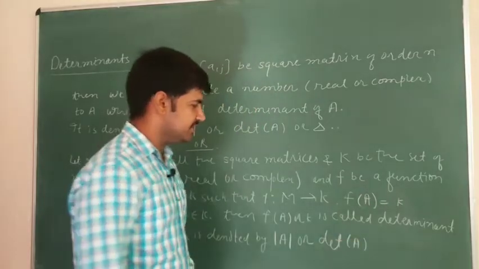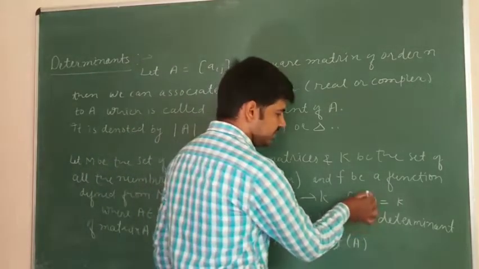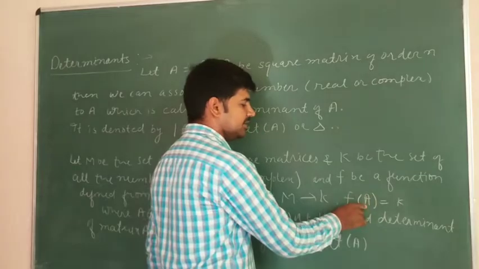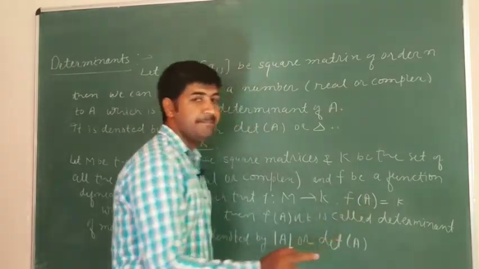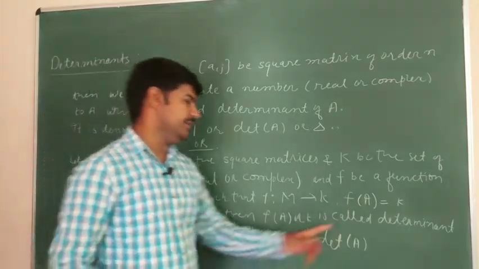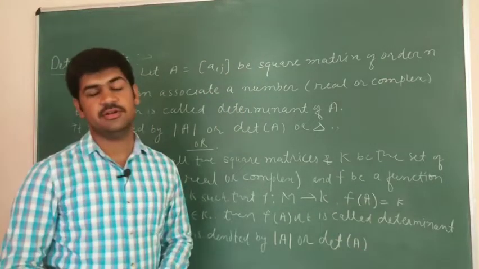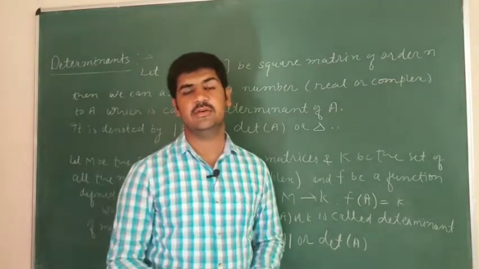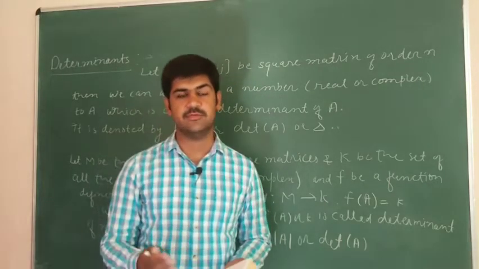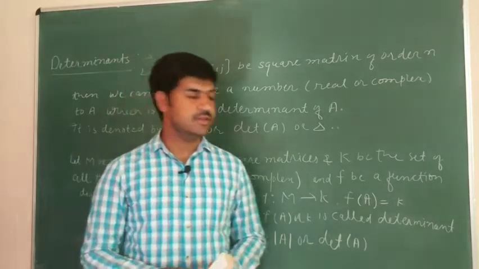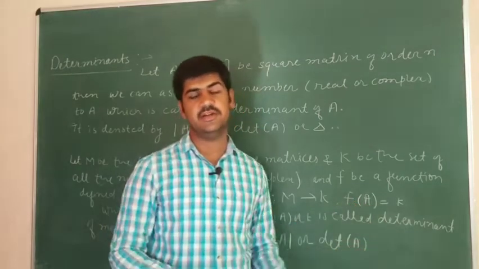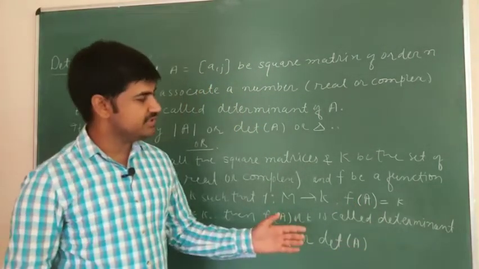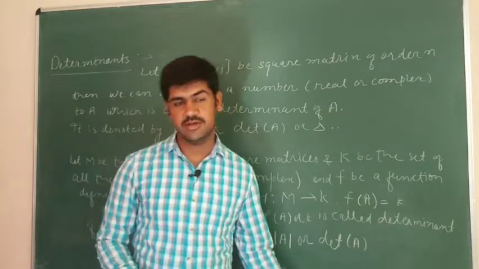The output, or you can say image of A, is the determinant of A. And for different square matrices of different order, this function f is defined differently. How it is defined, that we are going to study next.